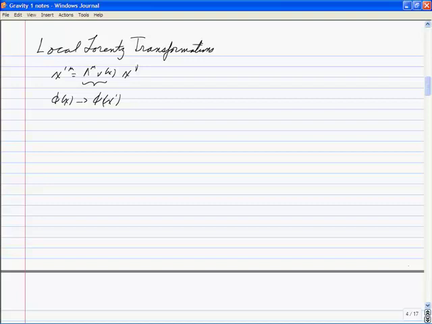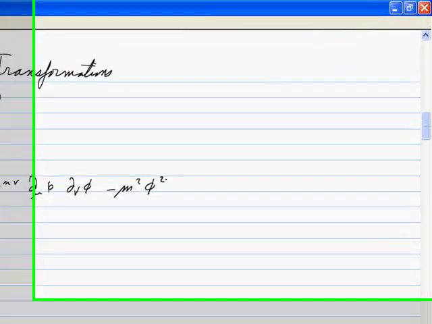The action that we would start with is the integral d4x, a half g mu nu d mu phi d nu phi minus m squared phi squared.